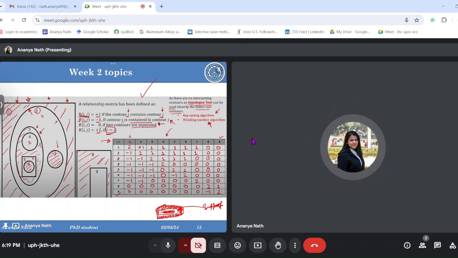Now again, the most important thing is that whatever we are doing here, we will not do it at the time of real model development. This is the basic knowledge that one should have if he or she is performing experiments in 3D printing, because this is the background work that is going on inside the computer.